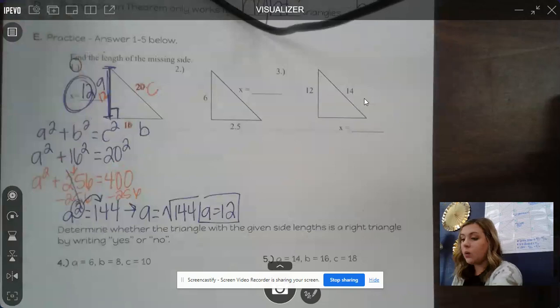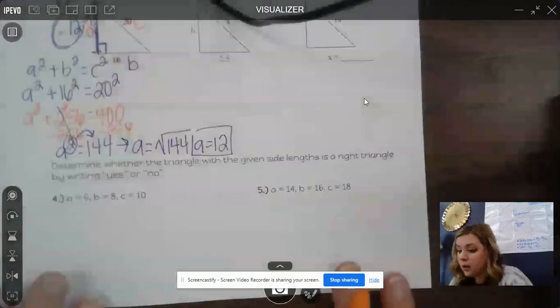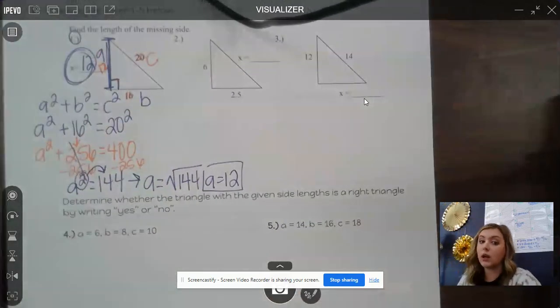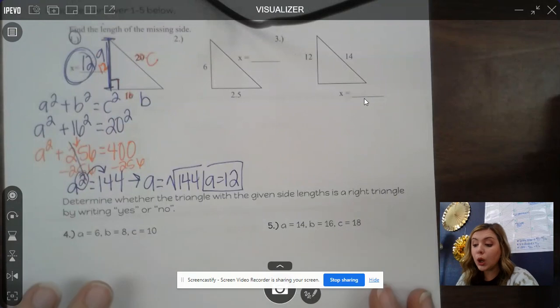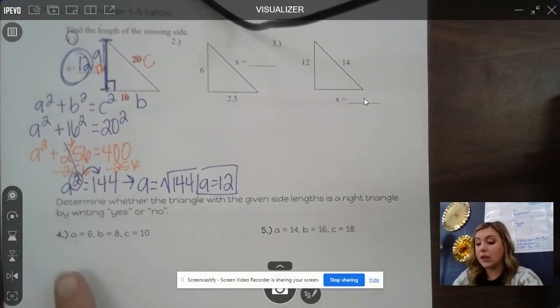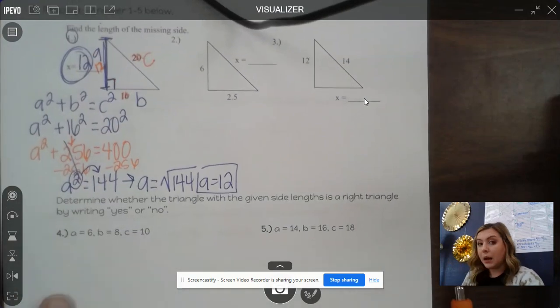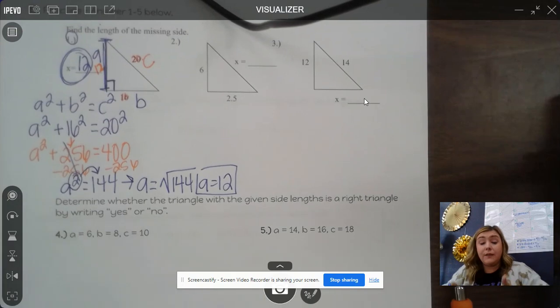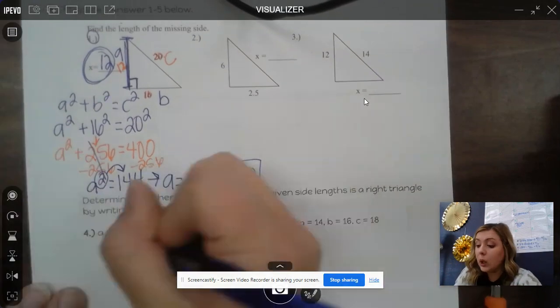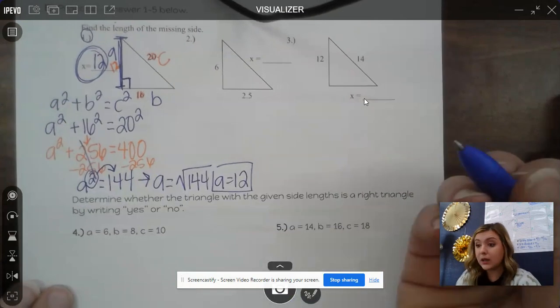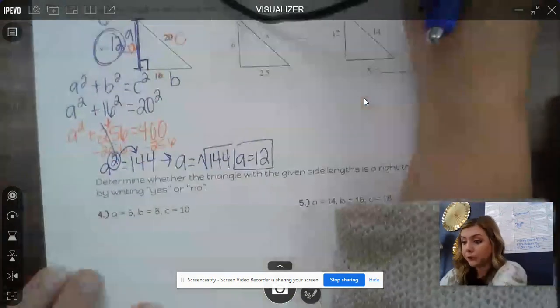All right, so I like questions like this right here because this is not necessarily giving you a triangle. This is asking, is it a right triangle? So what I'm going to do is if it gives me an A, B, and C, I'm going to plug in and just see if it checks out, if it equals each other. So we know our formula is A squared plus B squared equals C squared, okay?